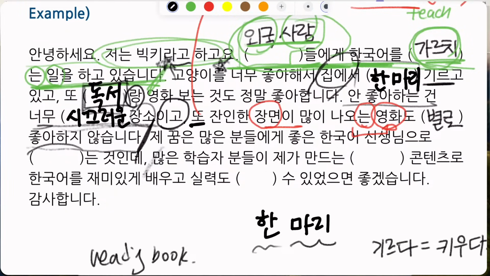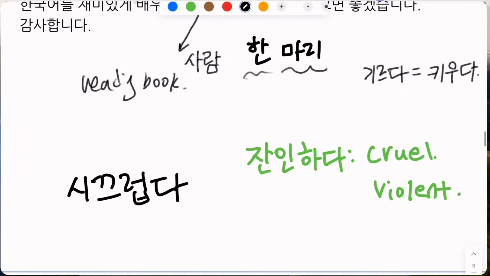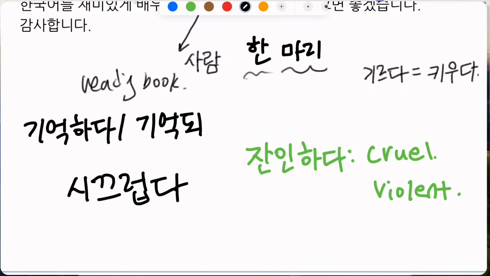So let's start from the first one. 제 꿈은 my dream. 많은 분들에게 to a lot of 분 is an honorific form of 사람. So it's people. So many people to many people or by many people. 좋은 한국어 선생님으로 기억되는 것인데 그래서 기억되다. 기억하다 means to remember. 그리고 기억되다 means it's a passive verb.